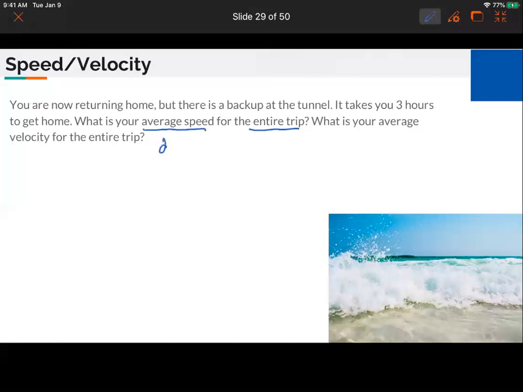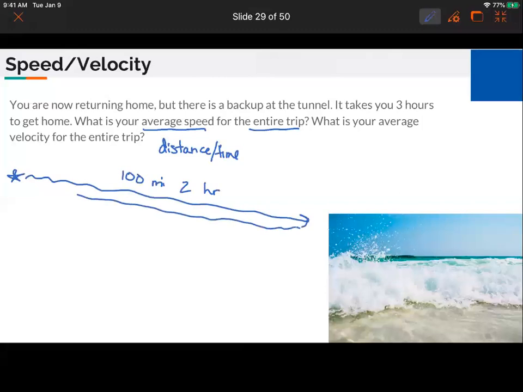Average speed is distance divided by time. So if you start at school and you drive all the way to the beach, it's 100 miles. And it took 2 hours. And you drive all the way back.